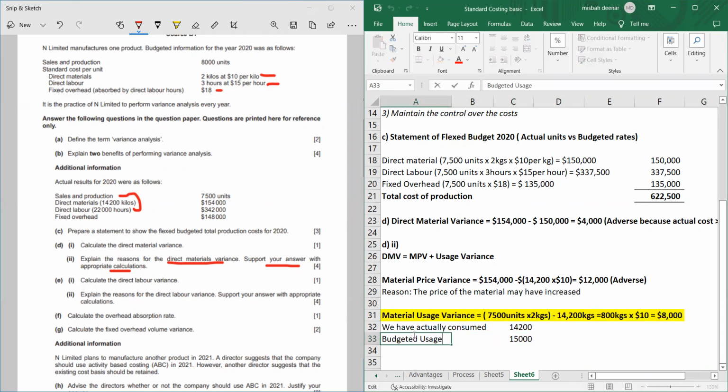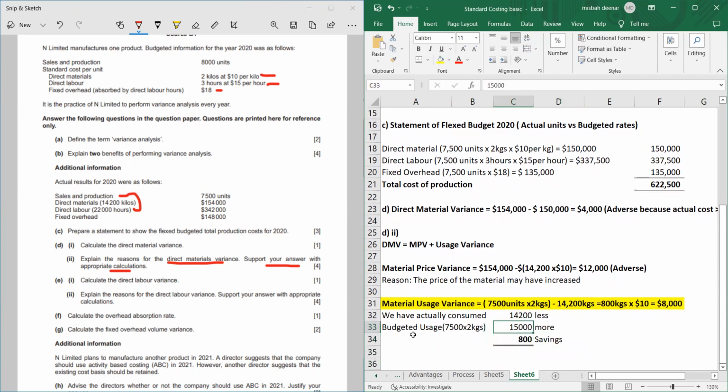How? 7,500 into 2 kilos. So in actual we have used less, and in budgeted we have used more. So a net difference of 800 kilos. So this is the savings. So we have saved 800 kilograms at the rate of $10, so 8,000.